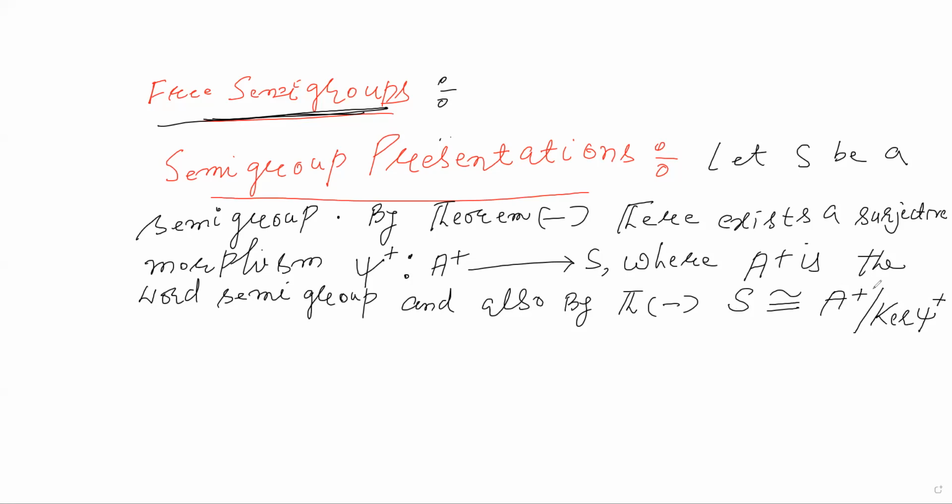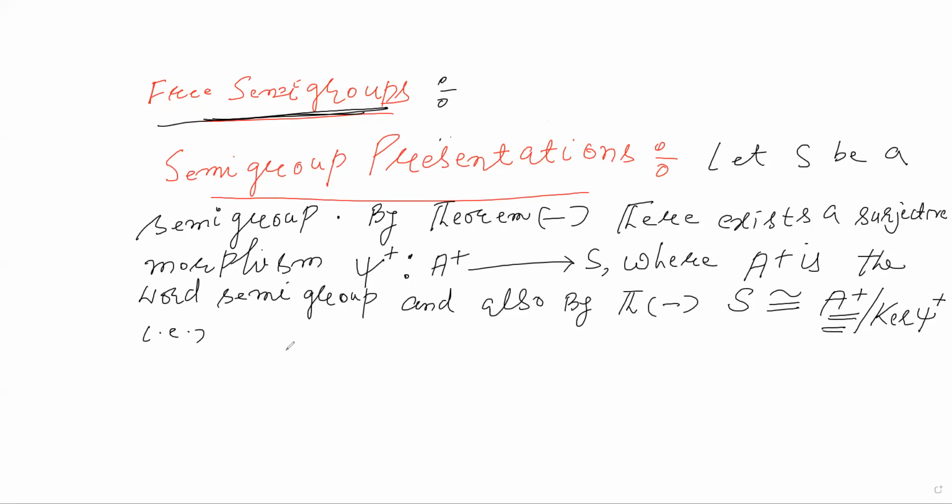In other words, every semigroup is isomorphic to the quotient of a word semigroup or a free semigroup, because we have proven that a semigroup is free if and only if it is isomorphic to this word semigroup.